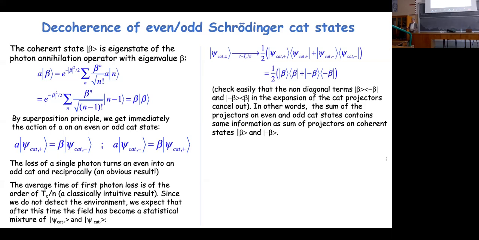And it takes a time which is inversely proportional to the photon number before you are in a situation where you are in a mixture of even and odd cats. And this again shows you that the decoherence time is 1/n. It's inversely proportional to the photon number, because very quickly you will lose the parity information because of the loss of photons.